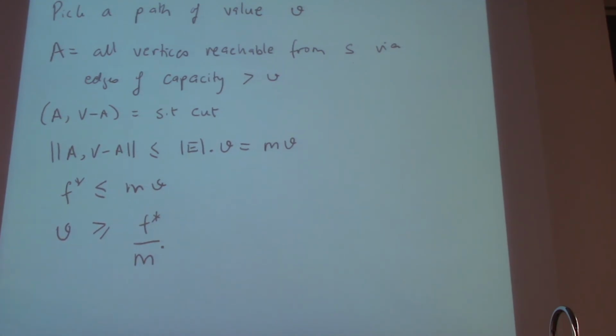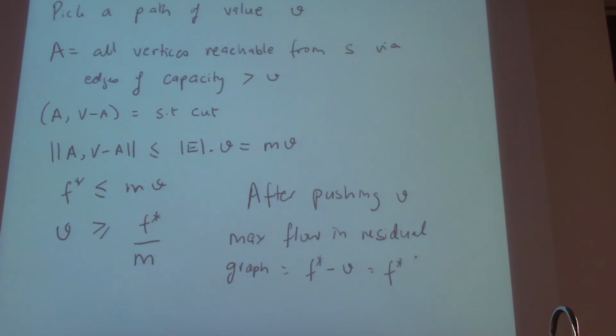So in other words, once we push this, the residual flow left in the residual graph is going to be what? After pushing v, the max flow in the residual graph is equal to f star minus v, which is equal to f star times 1 minus 1 over m.